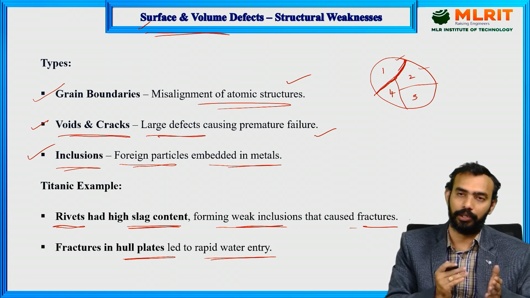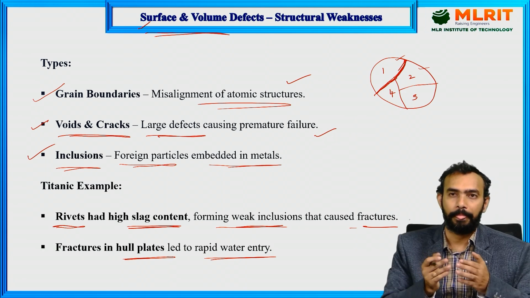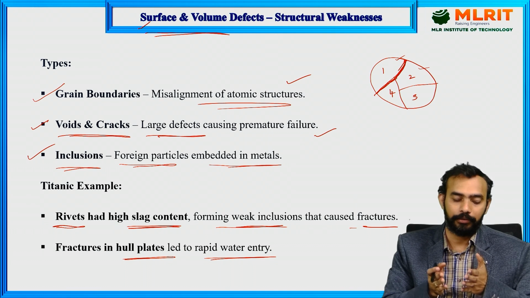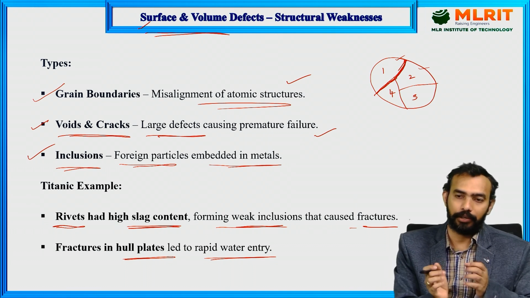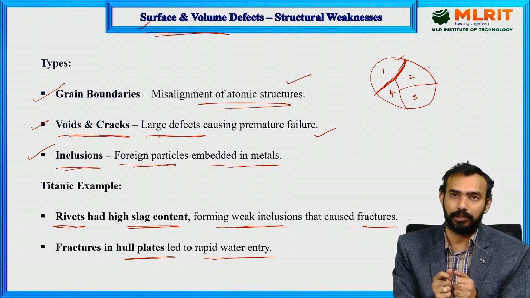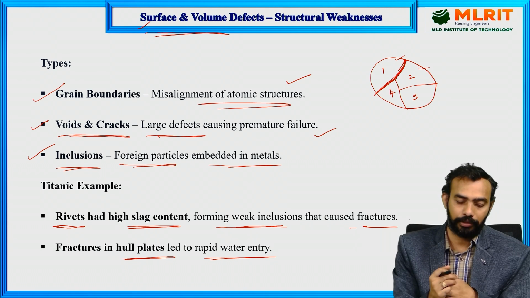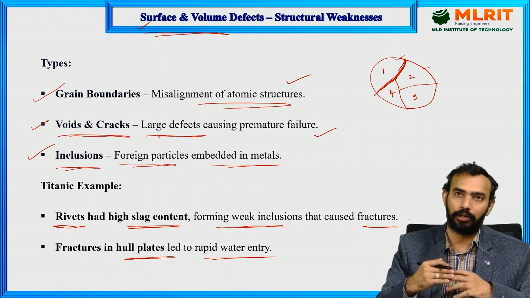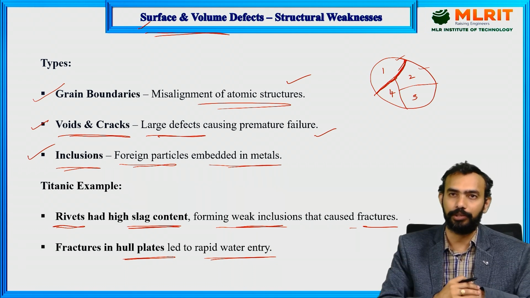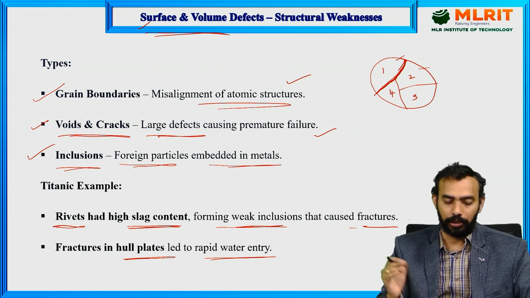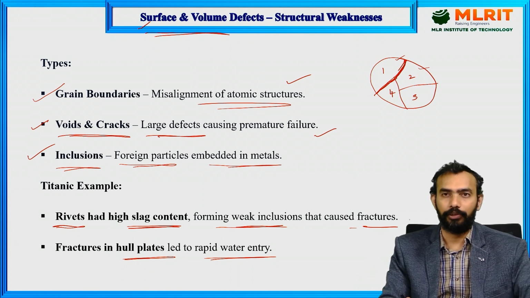When it was hit, the material failed, and the two plates were easily separated because of the weak rivets. Rapidly the water entered the ship, and eventually that caused a lot of stress and the failure of the Titanic.